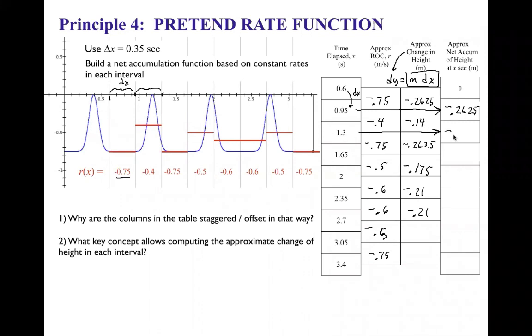So we get negative 0.4025 by adding this. So now our accumulation of change is this, and then when we let another 0.35 seconds go by, how much is the net accumulation of height? It's going to be everything we had so far plus the new change.